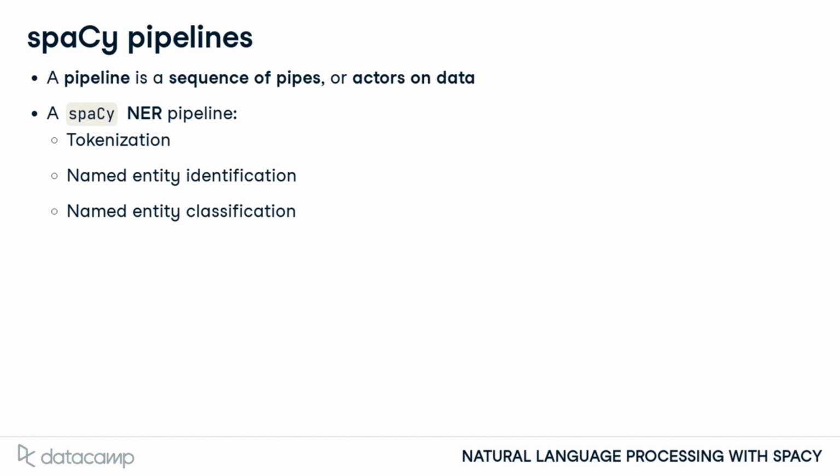A pipeline is a sequence of pipes, or pipeline components, or actors on data that make alterations to the data or extract information from it. In some cases, later pipes require the output from earlier components, while in other cases, a pipe can exist entirely on its own.